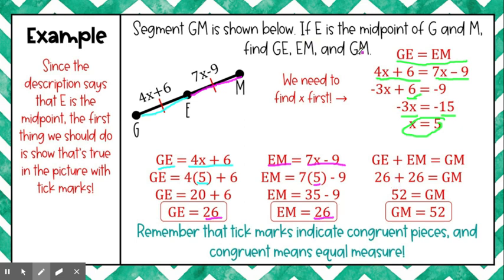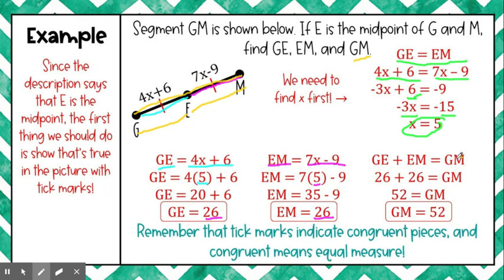Next, the last thing we want to find is the total length right here of GM. All right, so we're going to come down here. And we know that GM is equal to line segment GE plus EM.